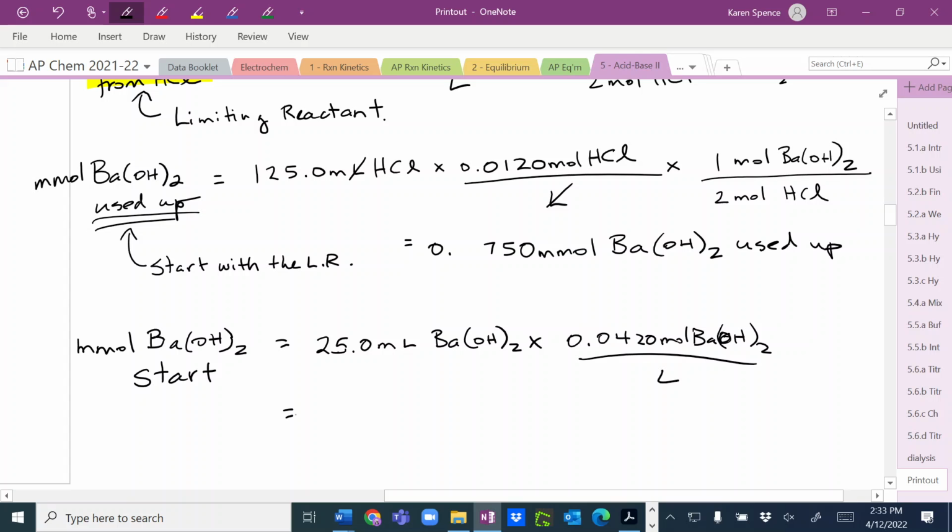And we get 25 times 0.042 equals 1.05 millimoles of BaOH2.